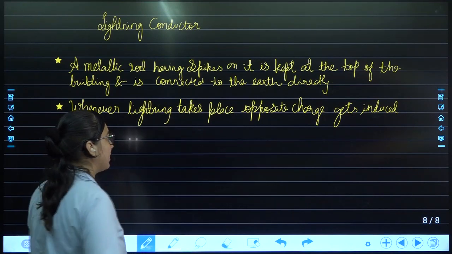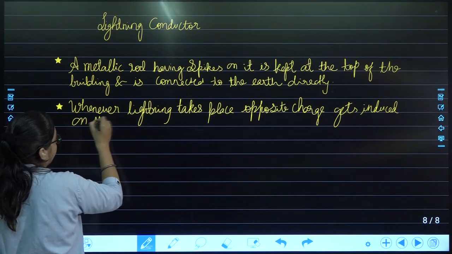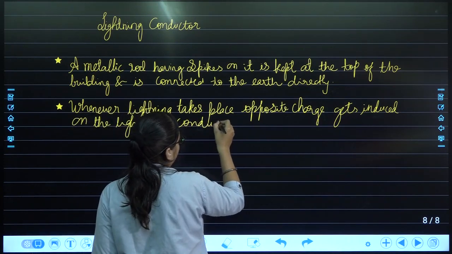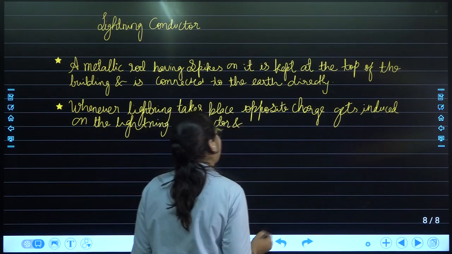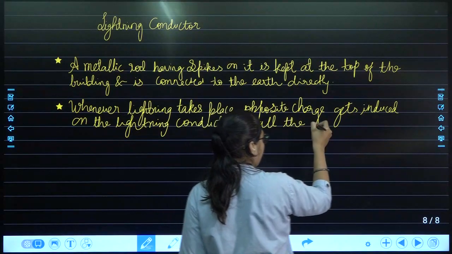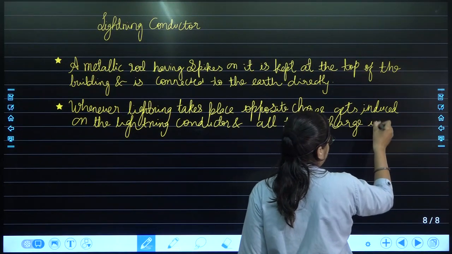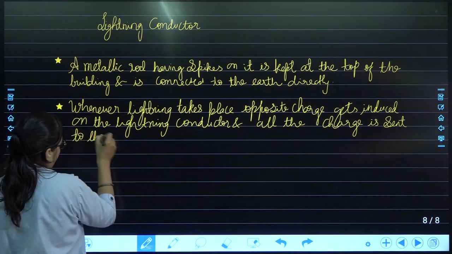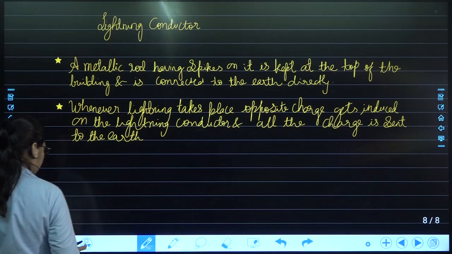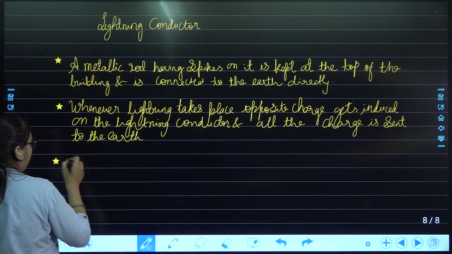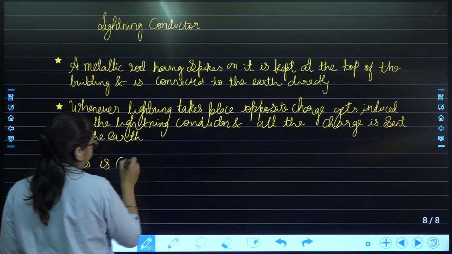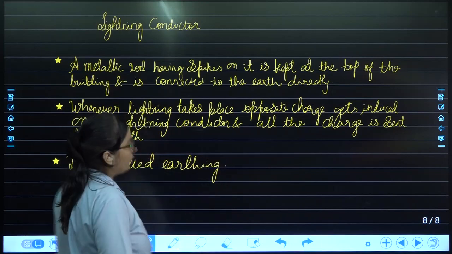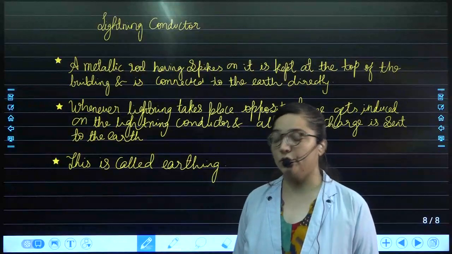Whenever lightning takes place, opposite charge gets induced on the lightning conductor, and all the charge is sent to earth. This is called earthing. So, this is all about the lightning conductor. Please note it down.